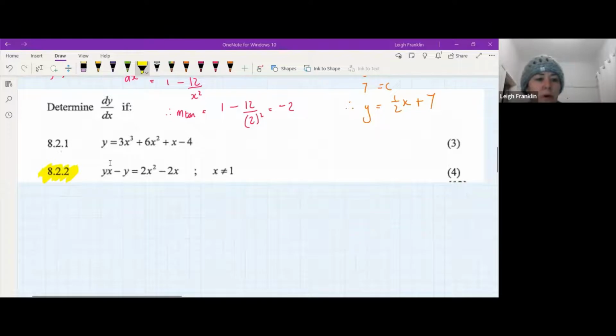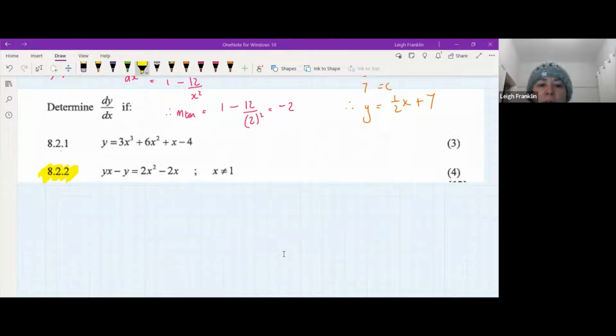Okay, so you cannot find the derivative of y if y is not the subject of the formula. So you have to make y the subject of the formula if you want to find the derivative of y. There we go. Take the yx over and divide by. You're on the right track, Tato.